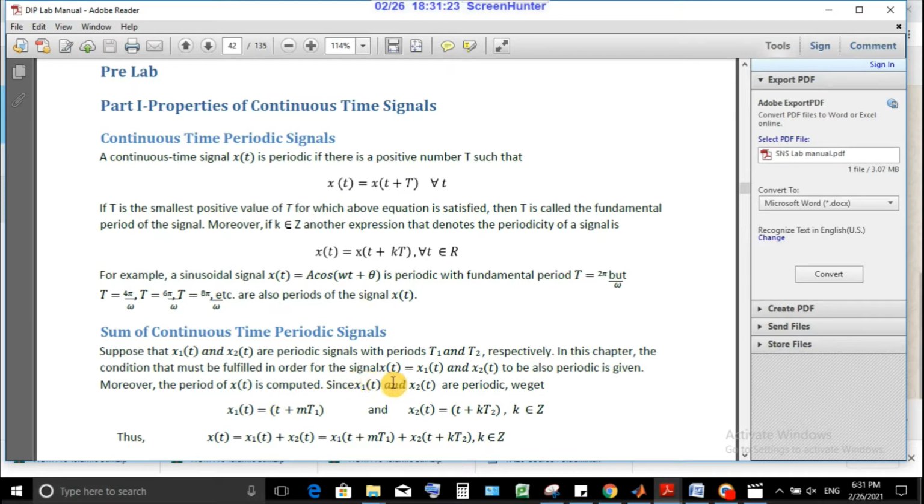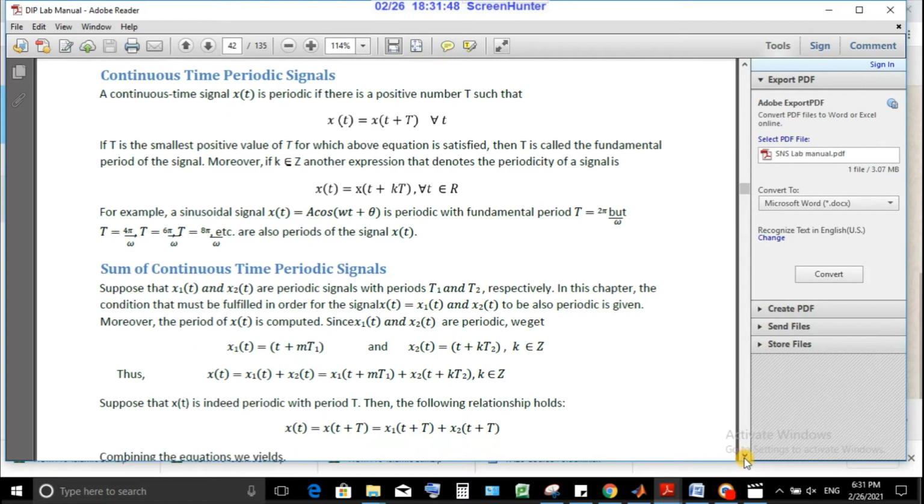Since x1(t) and x2(t) are periodic, we get x1(t) = x1(t + mT1) and x2(t) = x2(t + kT2), where m and k belong to integers. So x(t) = x1(t) + x2(t) = x1(t + mT1) + x2(t + kT2).